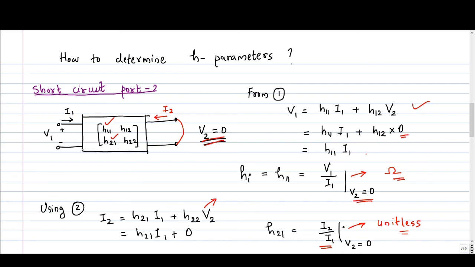Then if you look at H21, it is a ratio of two currents, output current port 2 current I2 divided by port 1 current I1. So it is also known as forward current gain. So it is denoted as HF. This is forward current gain, HF. Okay.